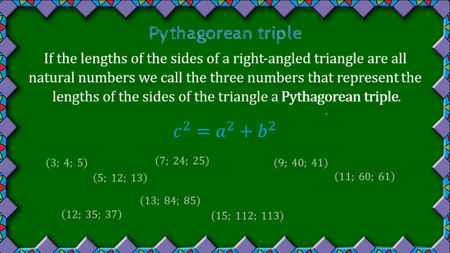For example, if I substitute in 7 squared plus 24 squared, then I'd get 25 squared. This is just for interest. This is not really something that you need to know for exams, but it's just for interest's sake.